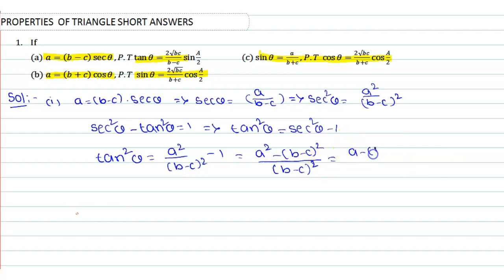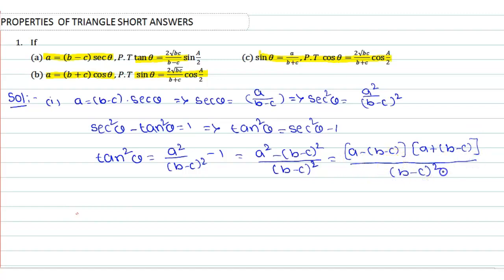So a minus of b minus c; I am taking a minus b into the next bracket a plus b, in the sense a plus of b minus c. The denominator I am writing as it is, that is b minus c whole square. So this is a minus b plus c, that is our first bracket.